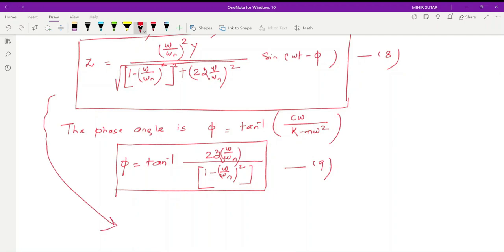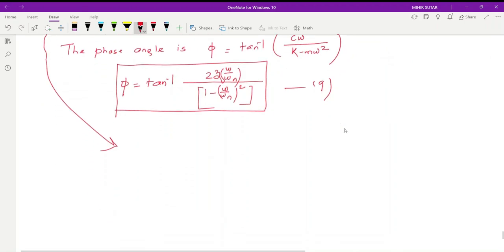So from equation 8, we have the ratio of z by y.